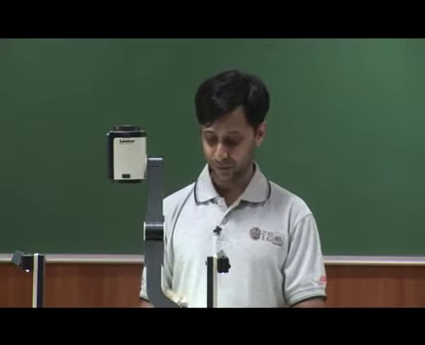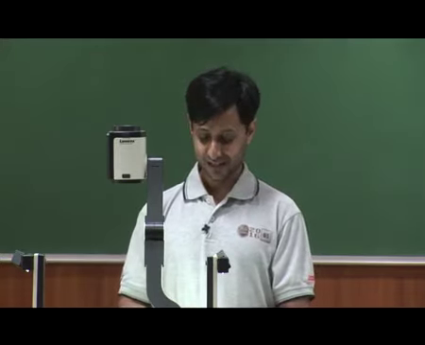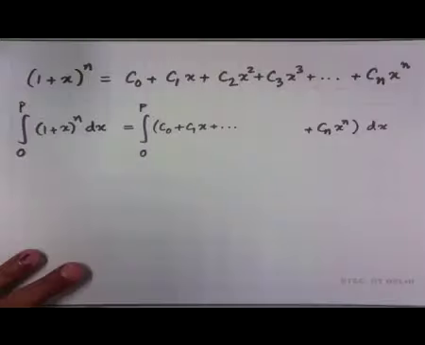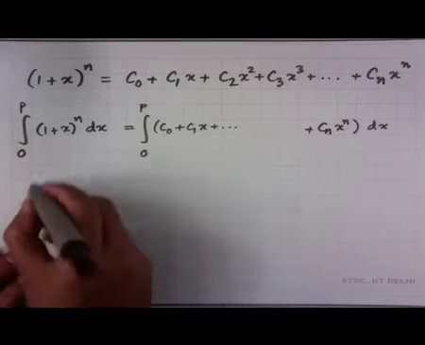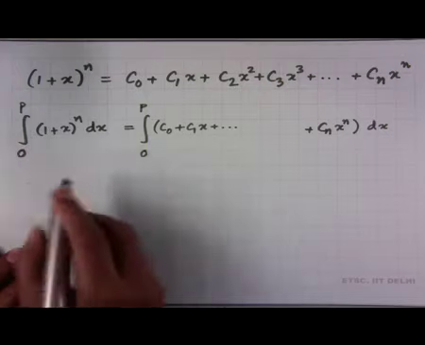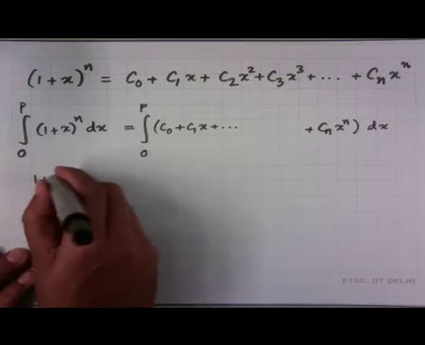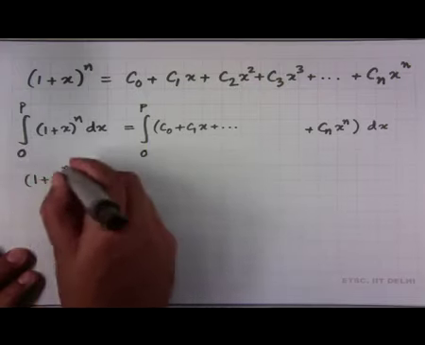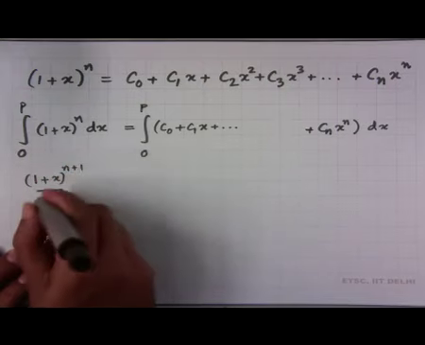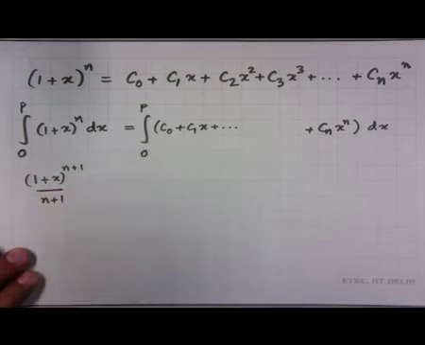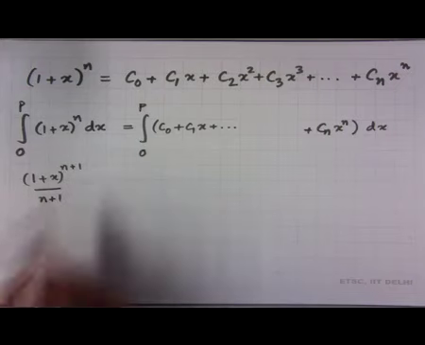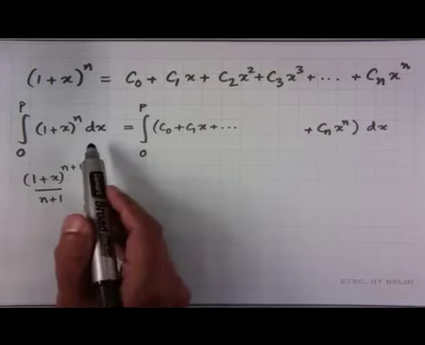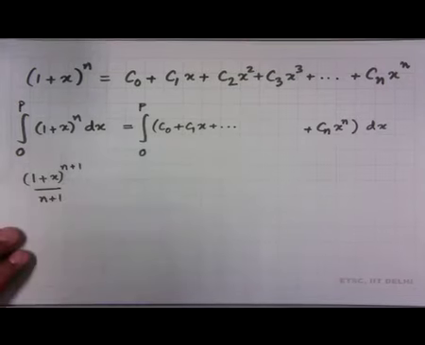So, let us do the definite integral of the left hand side. How do you do it? You first do an indefinite integral: 1 plus x whole power n plus 1 by n plus 1. How do you check if your integral is correct? By doing a differentiation. If you differentiate this, do I get that one back?